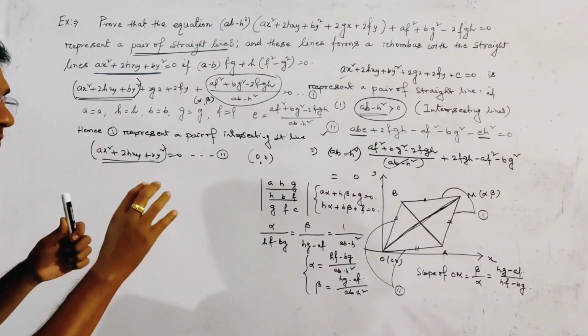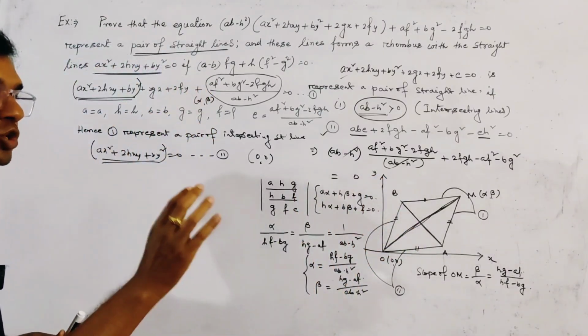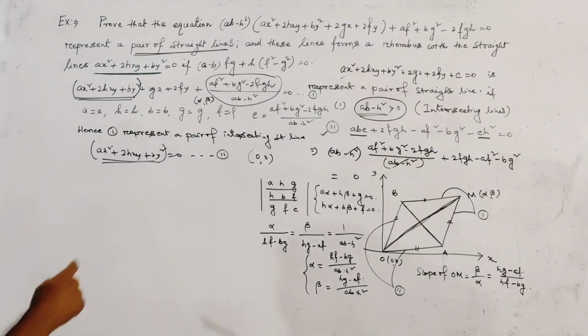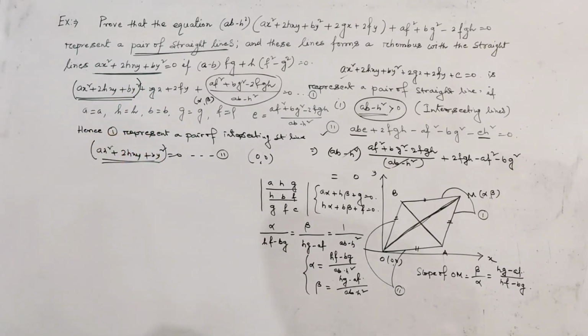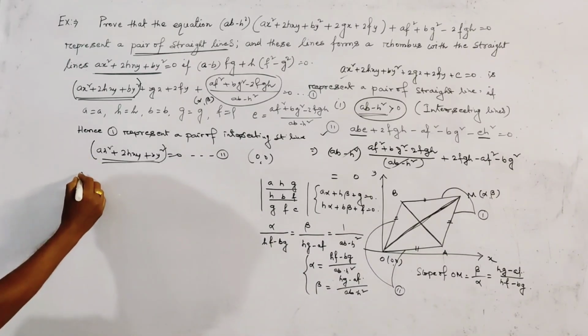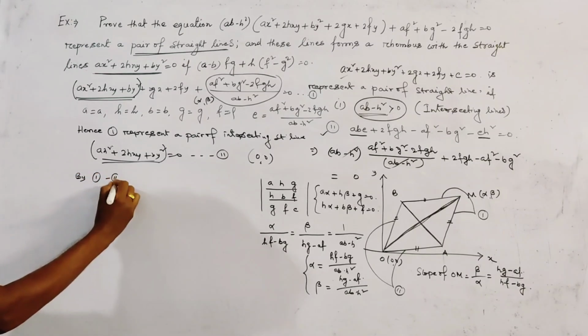We first find the equation of AB. How to find the equation of AB? It is easy to find it from line 1 and line 2. If we subtract 2 from 1, 1 minus 2, what do we get?